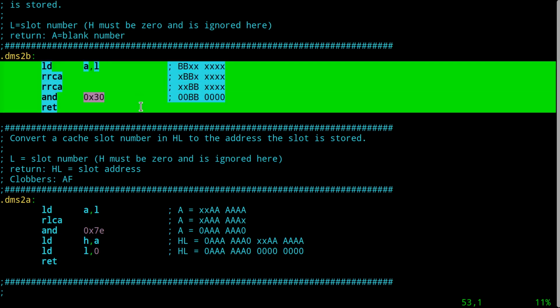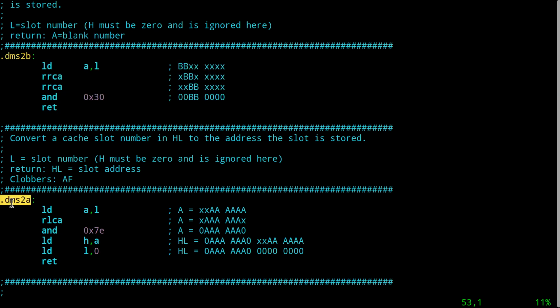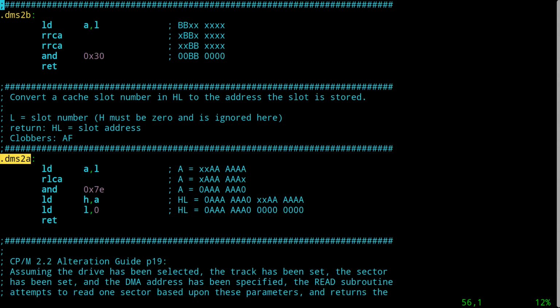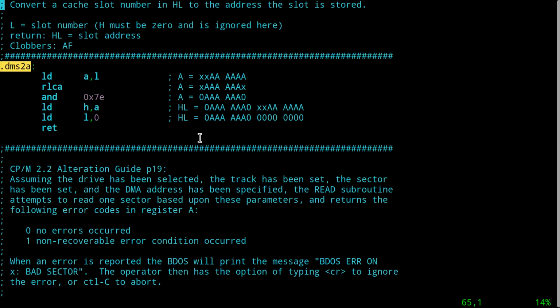Okay, so that's what this one does. What does this one do? This is slot to address. Talked about this one as well last time. Given a slot number in HL, again, H must be 0. So we only care about the L. We stick it in the accumulator and we get the same thing we did before, slot number, slot number. But what happens is in this context, we don't care about the bits that will turn into the bank, okay?